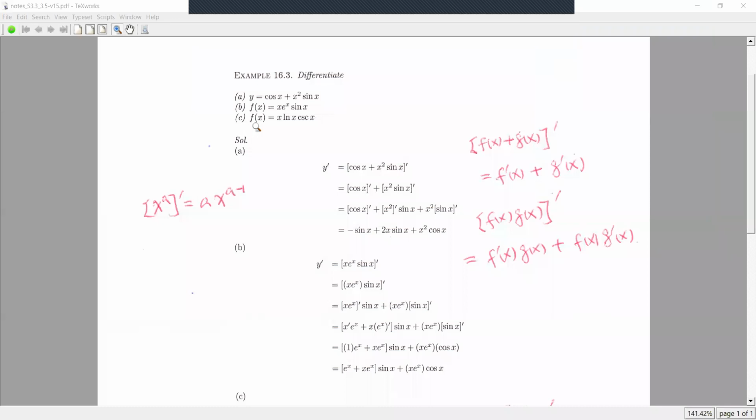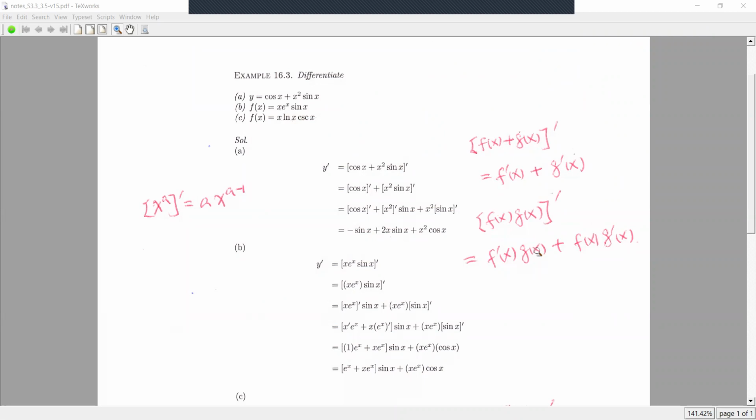Part C. The function in part C is a product of three functions. Function x times function natural log of x times cosecant x. So to compute the derivative of this function, we need to apply the product rule twice.